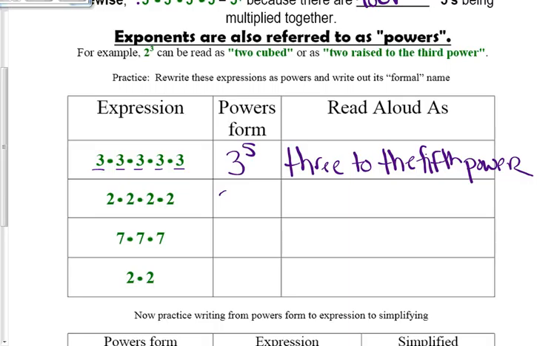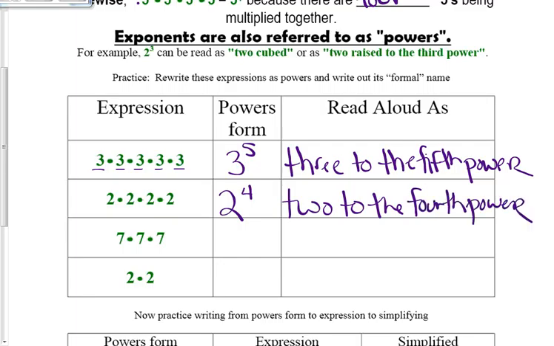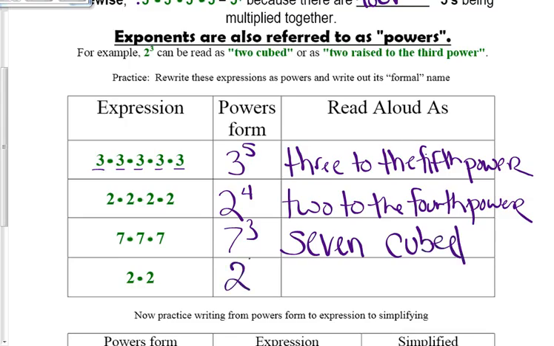Also, this one would be 2 to the 4th power. This one would be 7 to the 3rd power, also called 7 cubed. And finally, this would be 2 to the 2nd power, which we now say as 2 squared.